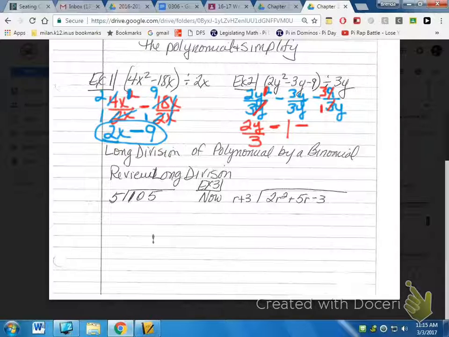It's going to stay right there. So that last term is going to be 3 over y. See how that looks like way messier than where we started? It's 2y over 3 minus 1 minus 3 over y, and that is your answer.